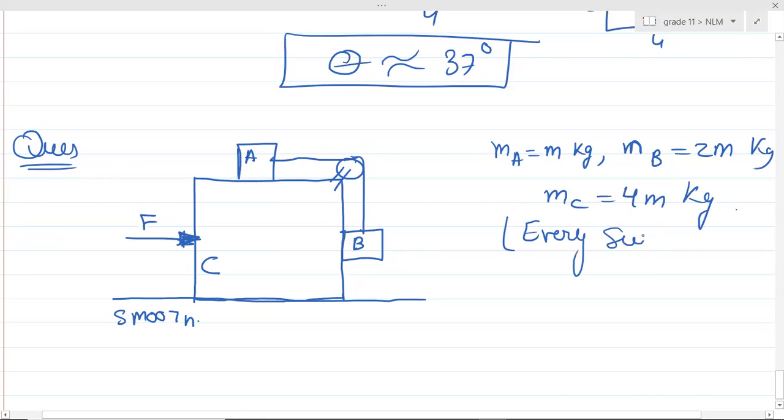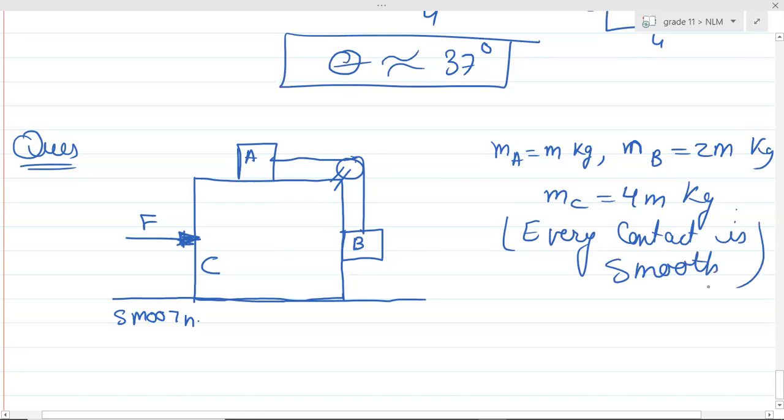Every surface or every contact is smooth. So every contact is smooth.